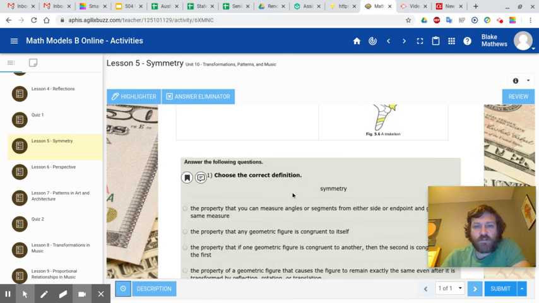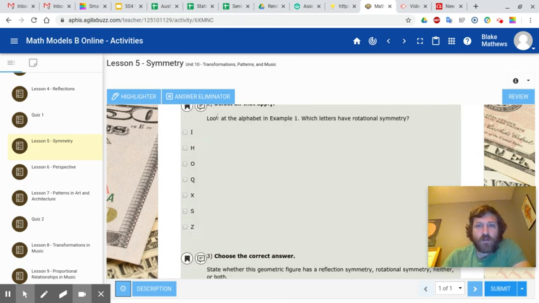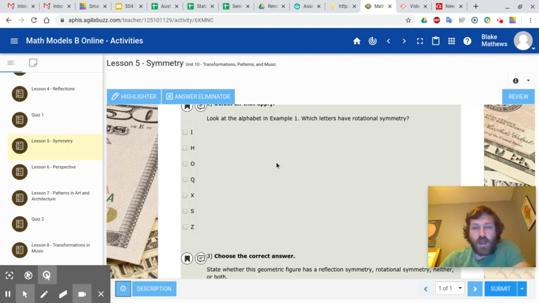So I'm just going to ask some questions about that, some vocab. It asks, look at the alphabet, which letters have rotational symmetry? In other words, which of these can I rotate and it would eventually meet up with itself? For instance, I. If I rotate it enough, all the way around halfway, it will meet up with itself. H is very similar.